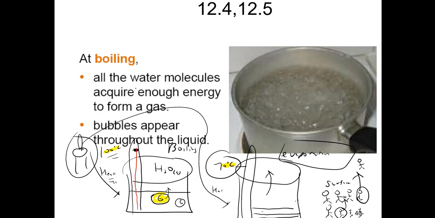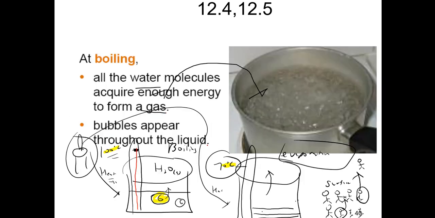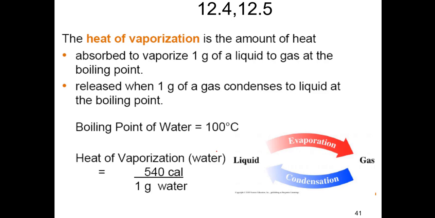So in boiling, all the molecules have enough energy to form a gas, resulting in multiple bubbles, whereas in evaporation, only molecules on the surface, be sure to circle that word, have enough energy to form a gas.